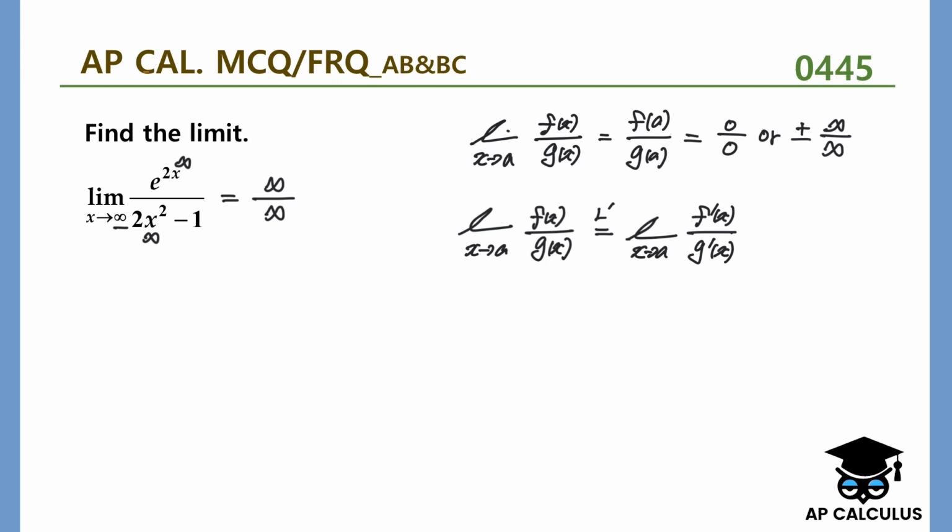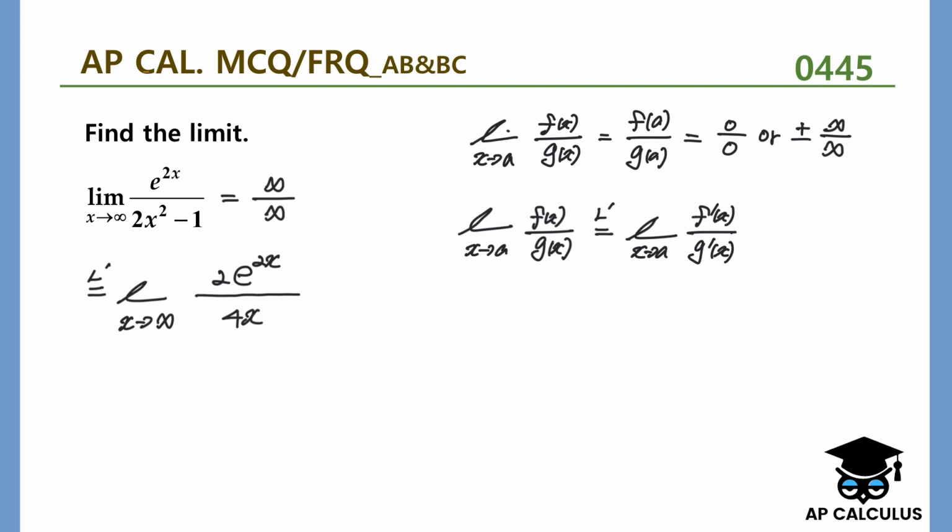So this limit is equal to, applying L'Hopital's rule, the limit as x approaches infinity of the derivative of the numerator, which is 2 times e to the 2x, over the derivative of the denominator, which is 4x, right?